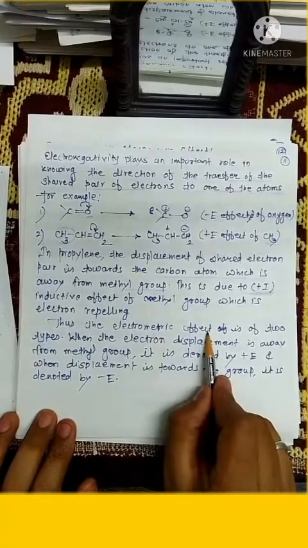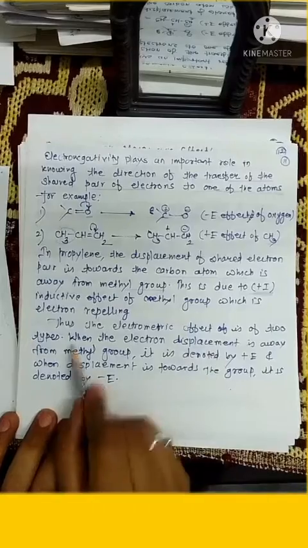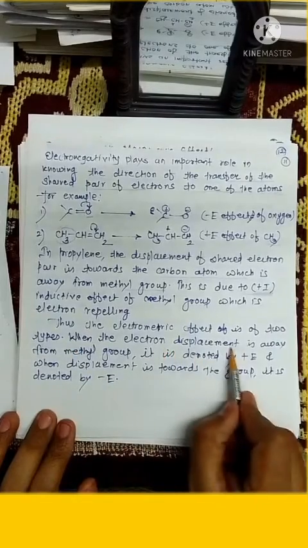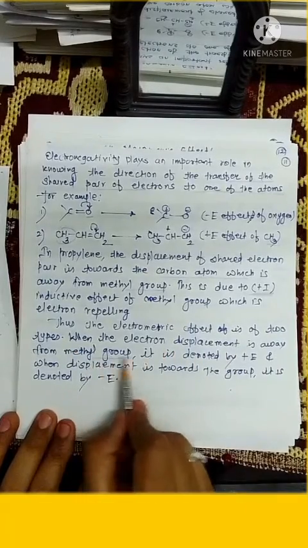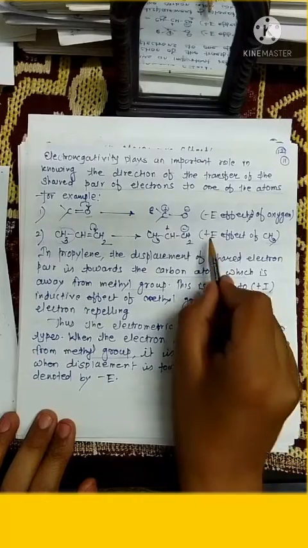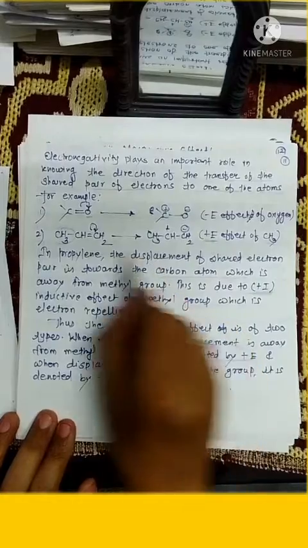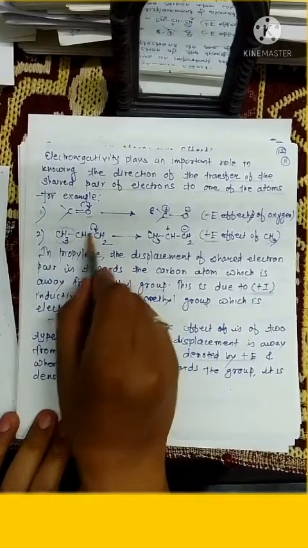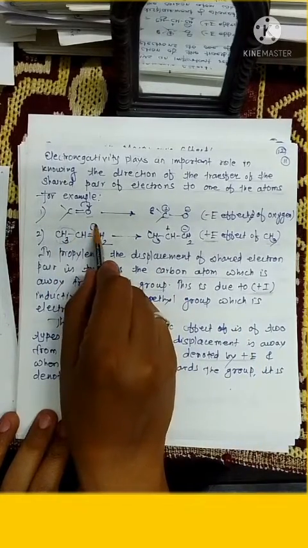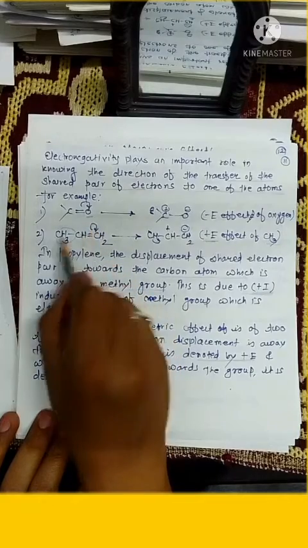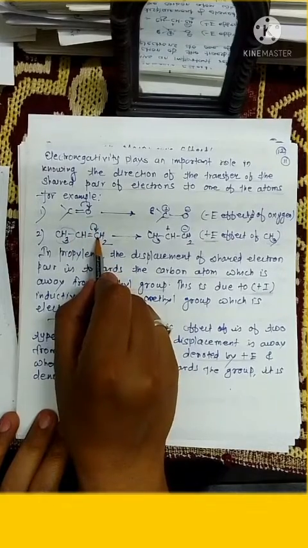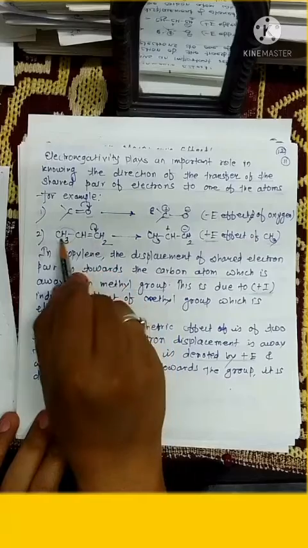Thus, electromeric effect is of two types. When electron displacement is away from a methyl group, it is denoted by plus E effect. So in this case, we see that this electron pair goes away from this methyl group.